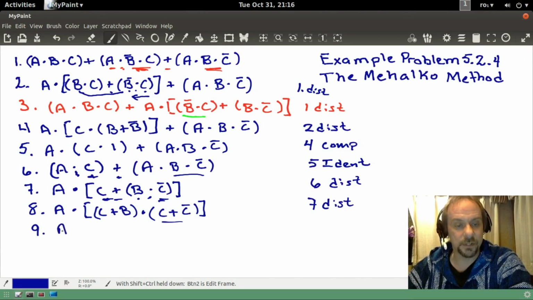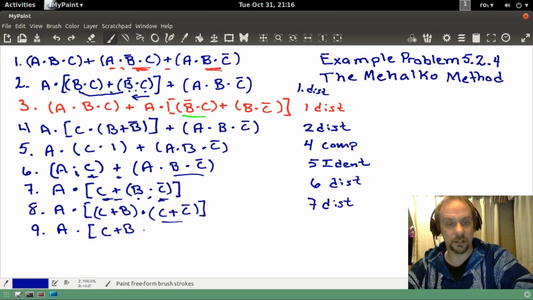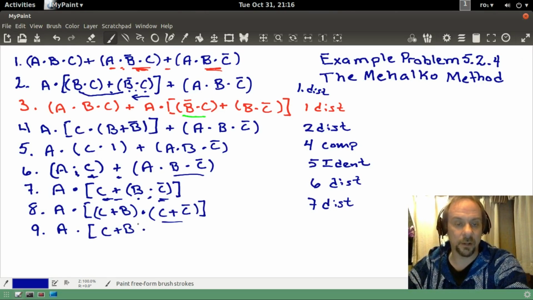9 becomes A and C or B. Nope, don't need that. And, well, yeah, I kind of do. And 1 from 8 via complement.